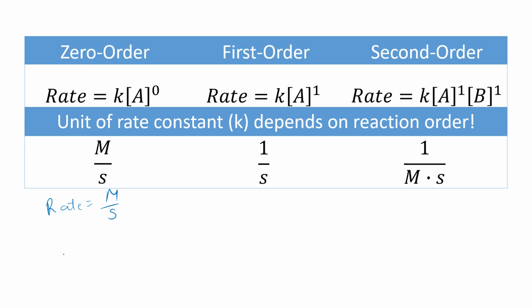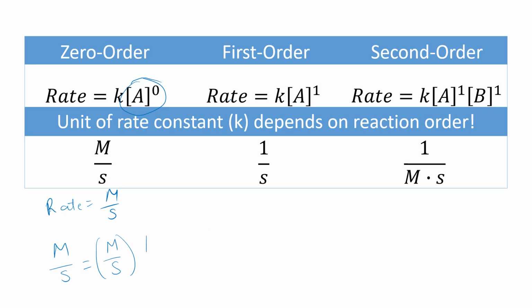For a zero order reaction, my rate on this side should be molarity per second, and for k, what units do I need in order to make them be molarity per second? This is to the zero power, which means that this one is not going to have any units, so it's just 1, which means my rate constant needs to be molarity per second in order to make the units on both sides of the equal sign be the same.